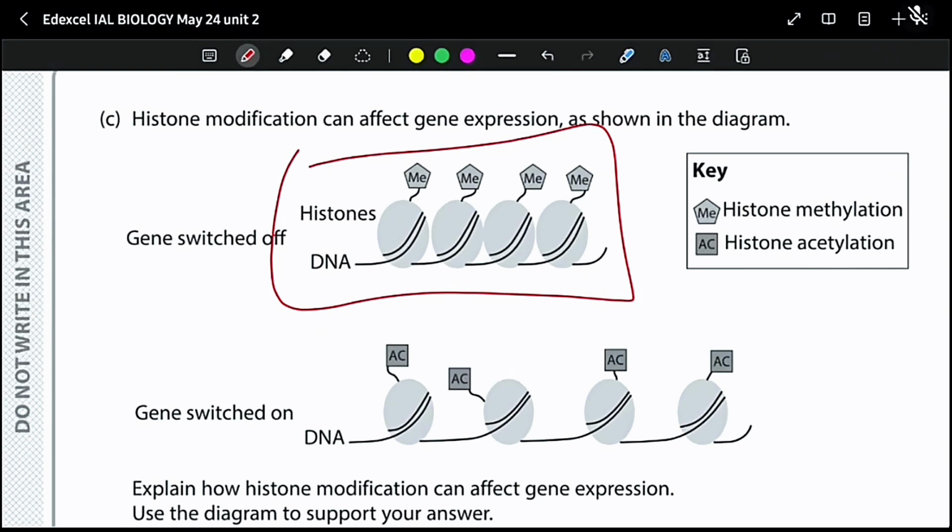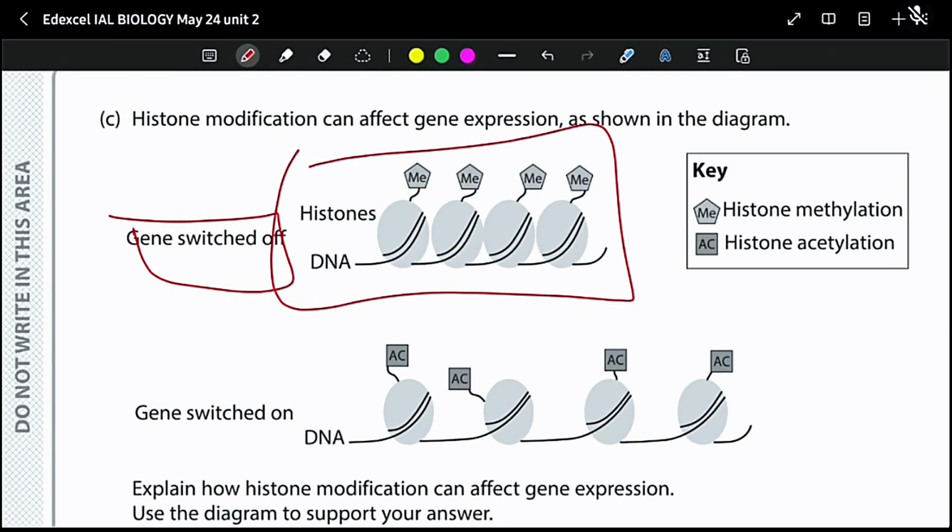So the RNA polymerase and the transcription factors cannot access the DNA. So this will make the gene switched off. Here we can see the gene switched off. And basically it means it will be silenced and it will not be transcribed.